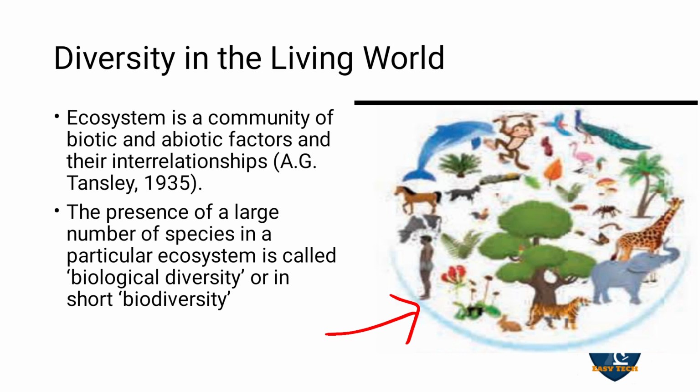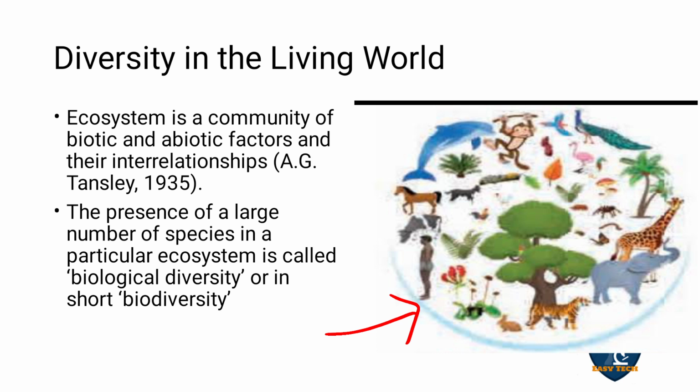In an ecosystem, biotic and abiotic factors are there, and they have an interrelationship. They are connected to each other. The plants prepare their own food, and we and the animals depend on plants. Each and every organism depends on another organism for food and shelter.